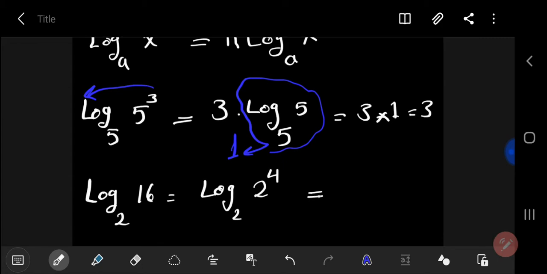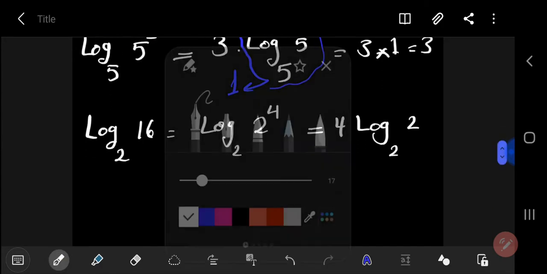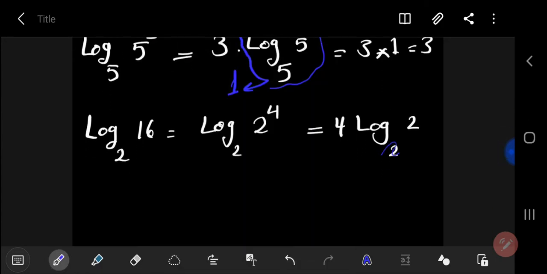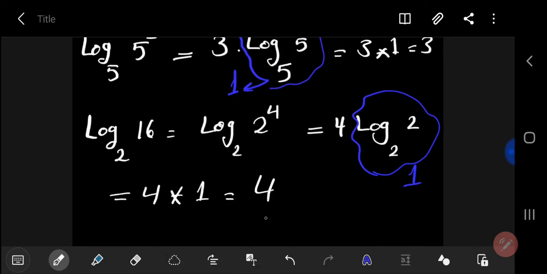So that means equal to 4 log base 2 of 2. Also, I have a property saying that log base 2 of 2 equal to 1. So the result will be equal to 4 multiplied by 1, equal to 4.